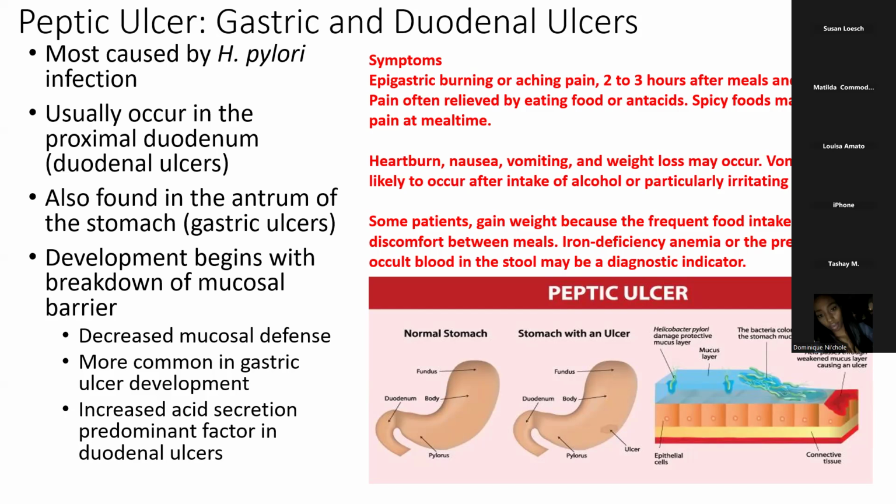And it starts with breakdown of that mucosa that we were just talking about. Okay, so if you don't have the mucosa, that slimy little stuff that's protecting the lining of the stomach, we don't have that. And these people are typically producing an increased amount of acid in addition to that.